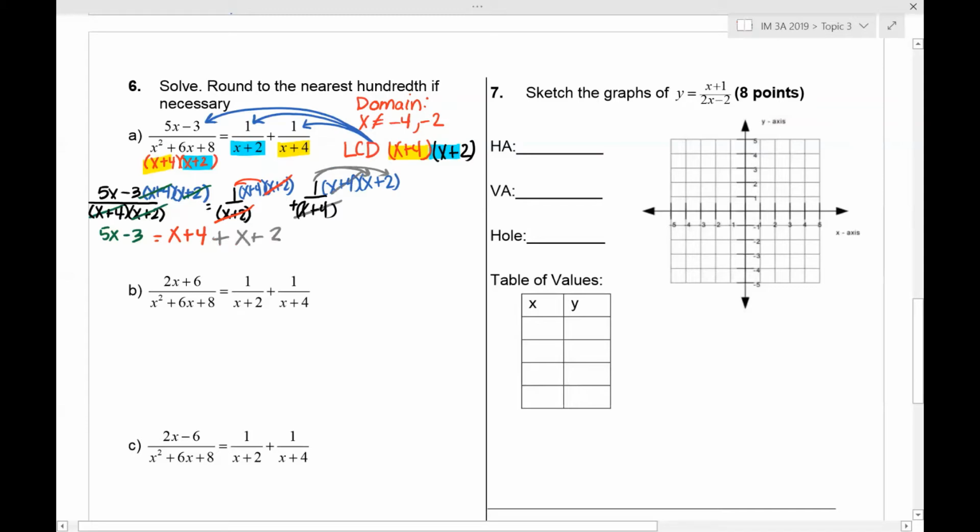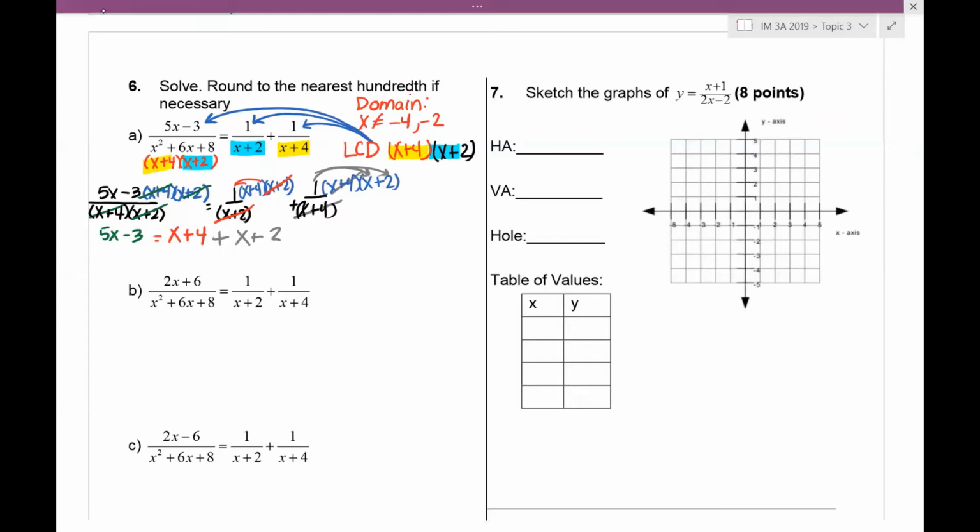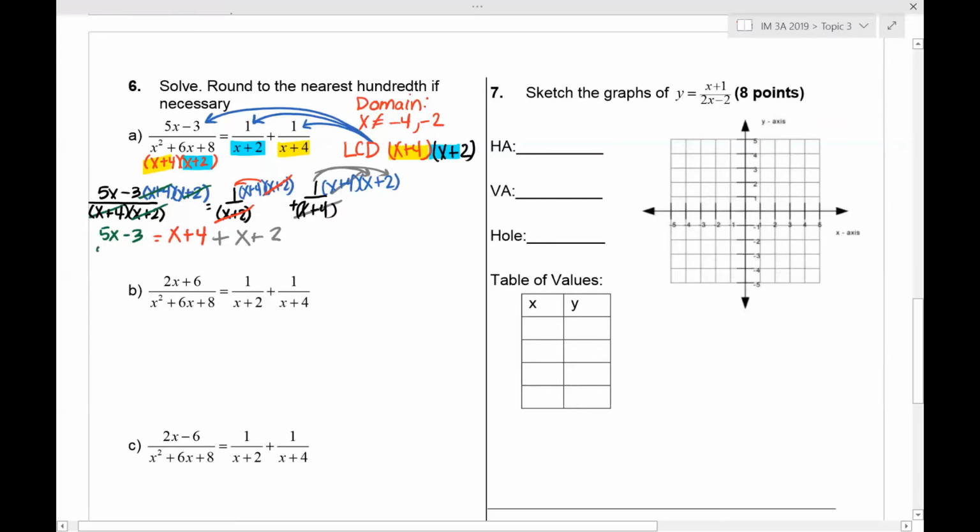And so now I have this equation that is actually linear, which makes this a lot easier to solve. So I've gotten rid of the denominators, so I want to combine like terms. So I have 5x minus 3 equals 2x plus 6. To solve for x, I want to subtract 2x from both sides, and I want to add 3 to both sides.